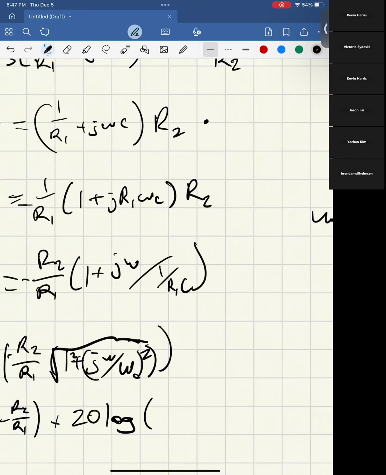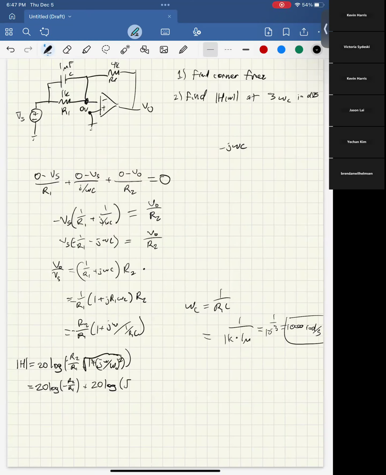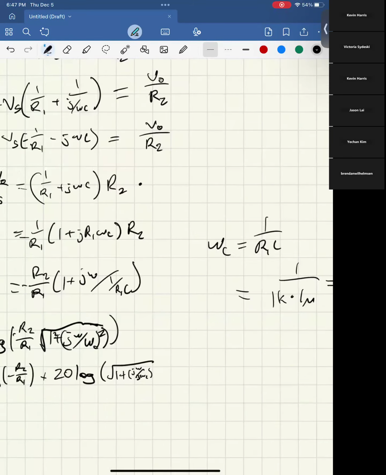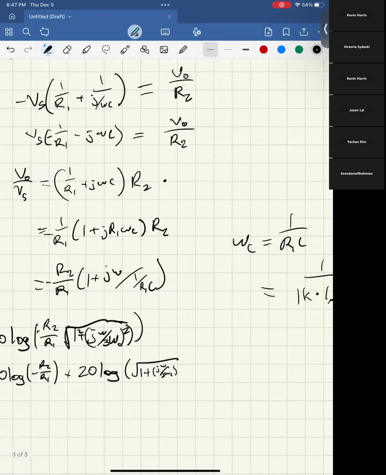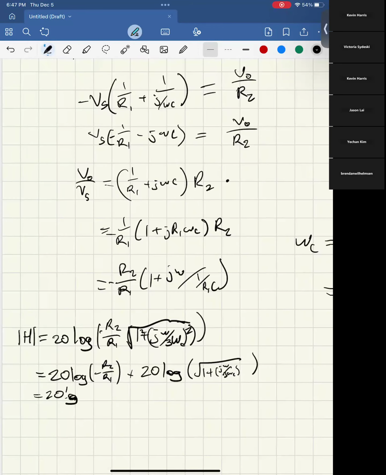So then if we did this, it would be the log of 1 plus j omega over 3 omega C, which is equal to 20 log minus R2 over R1 plus 10, because this is to the power of 1/2 here.